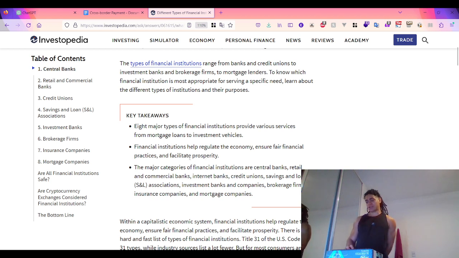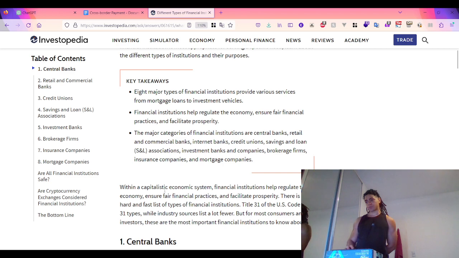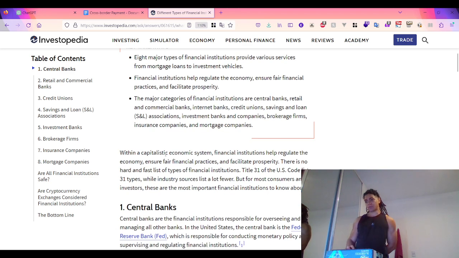The major categories are central banks, retail and commercial banks, internet banks, credit unions, savings and loan associations, investment banks and companies, brokerage firms, insurance companies, and mortgage companies. Within a capitalistic economic system, financial institutions help regulate the economy, ensuring fair financial practices and facilitating prosperity.